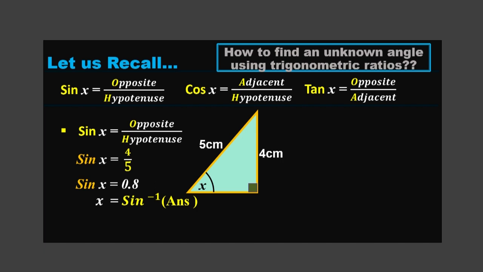The moment you get the answer 0.8, do not change the display. Keep the display as it is, then press the shift key, then the sin key, then open the bracket, press the answer key, close the bracket and then press the equal to sign, which ultimately will give you the final answer.